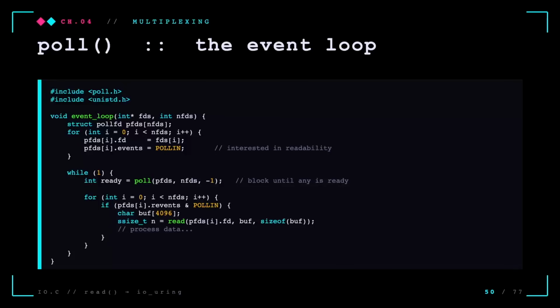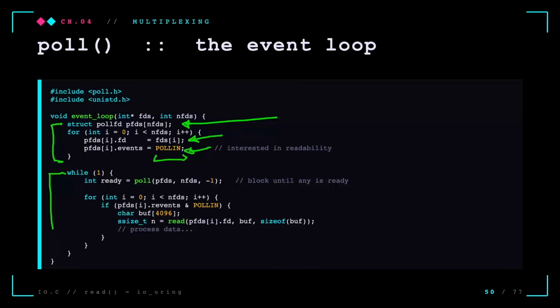And this is definitely cleaner. So this time around, we have an array that's pre-allocated with nfds, the number of our file descriptors, and then we're going to initialize. So it's, as always, initialize, then the actual system call, and then the processing. So we need to initialize. So basically each struct has a field for the file descriptor and what kind of event we are interested in. In this case, for example, we're interested in readability. And then notice that we do this only once, right?